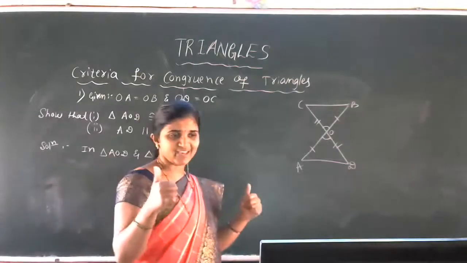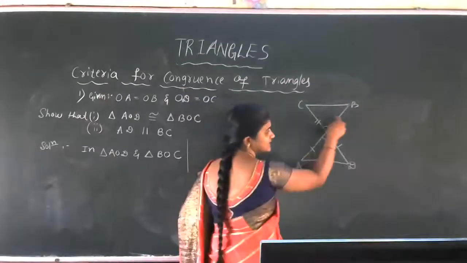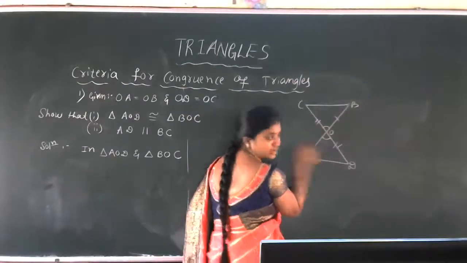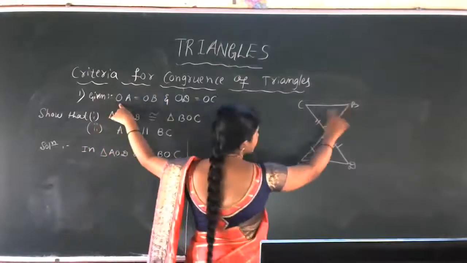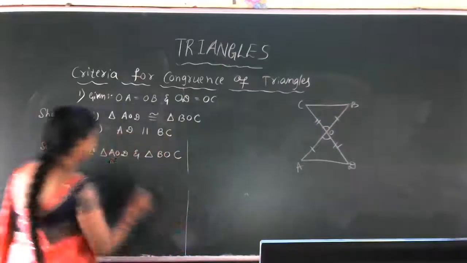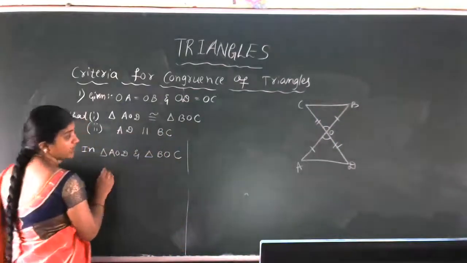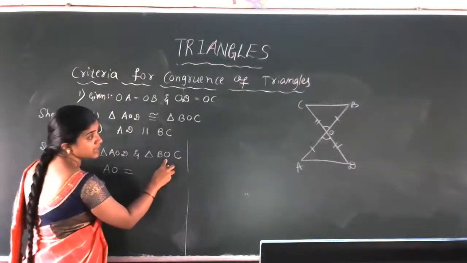In the diagram, it is clear that this side is equal to this side, and this side is equal to this, and it is also given: OA is equal to OB, OD is equal to OC. First, in triangle AOD, side AO is equal to side BO in triangle BOC.